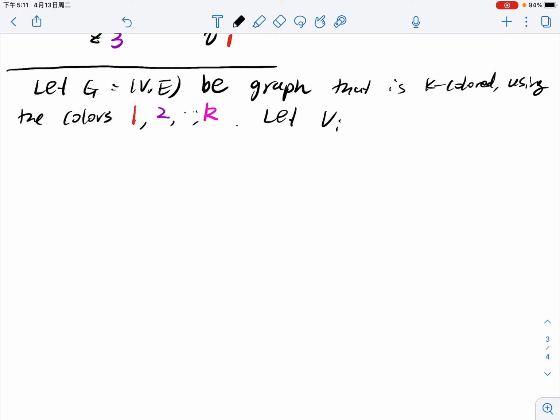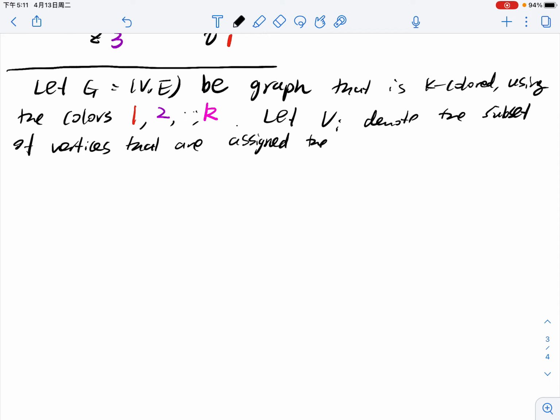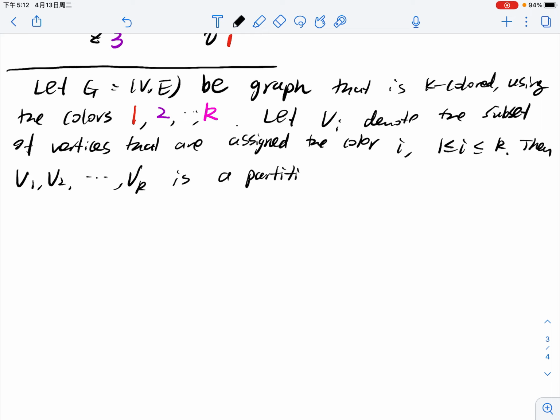So let Vi denote the subset of vertices that are assigned the color i. Then V1, V2 all the way to Vk is a partition of V called color partition for G.